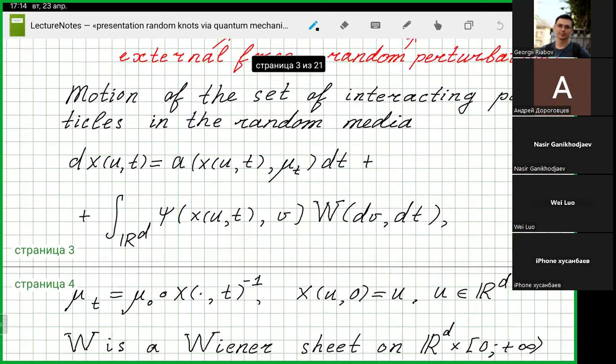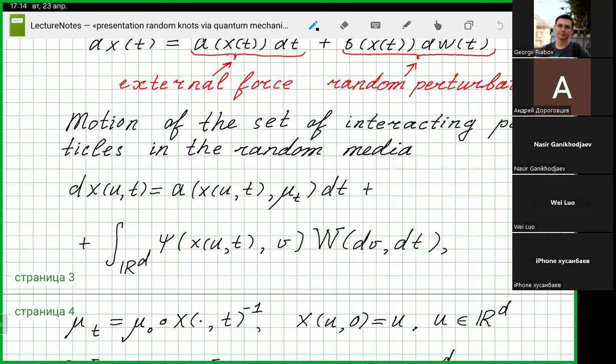Here you see the equation with the interaction, which we discussed in this seminar a lot of times. I just recall that here mu_t is the mass distribution of all particles, and you see that mu_t is an image of the initial mass distribution under the flow x_t. X(u,t) corresponds to the motion of the particle which starts from the point u at time 0.